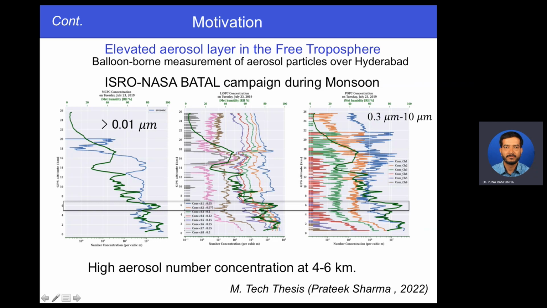These are the size channels of the aerosol particles. You can see here that the observation made by MCPC reasonably agreed with the aerosol concentration made at least in this region, 4 to 6 kilometer.